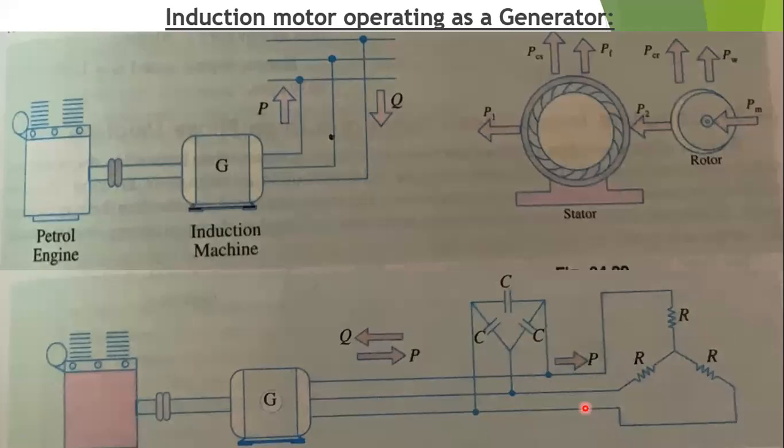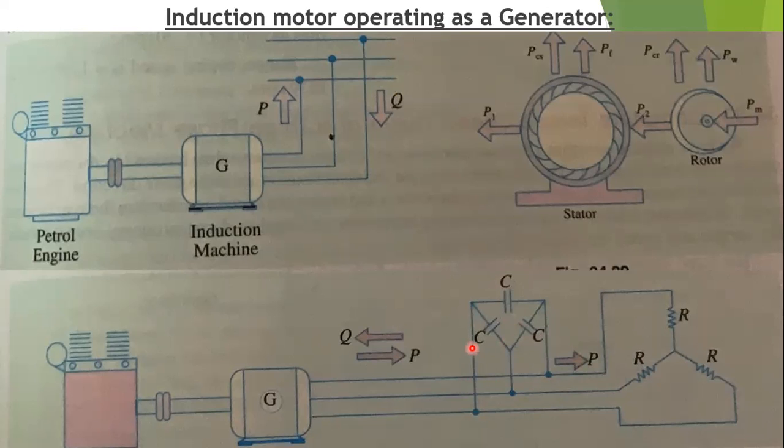But the disadvantage is that the frequency generated is slightly less than that corresponding to the speed of rotation. Our Indian frequency is fixed at 50 hertz, so we get a little decrease of frequency. Between this induction machine and the three-phase lines, I am connecting a group of three transformers, connected in delta.